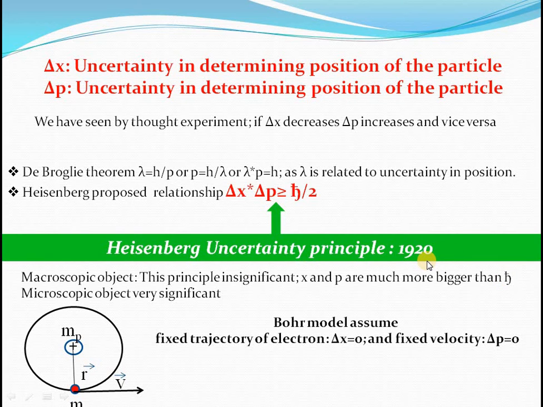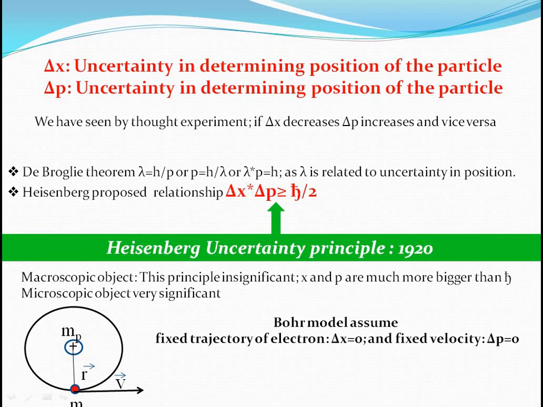But in the case of a microscopic object, the product of delta x and delta p is very significant. So quantum mechanics is insignificant when the object is large, but it becomes very important when the size of the object is equal to a subatomic particle size, like an electron, proton or neutron.